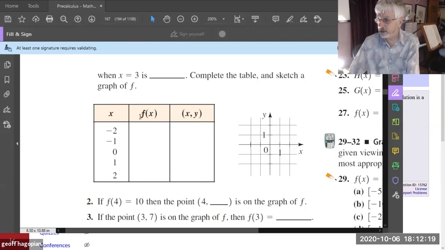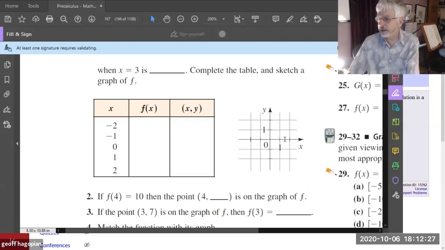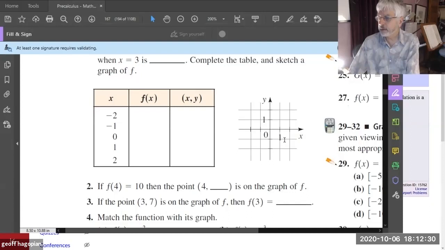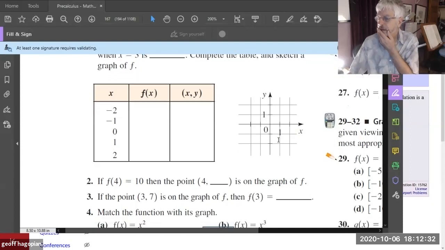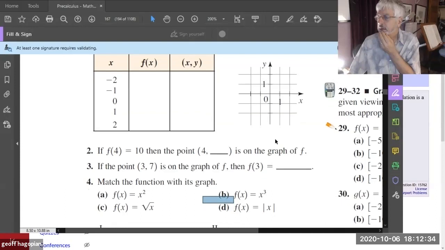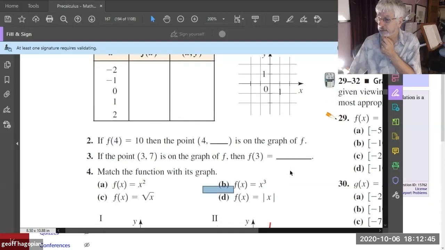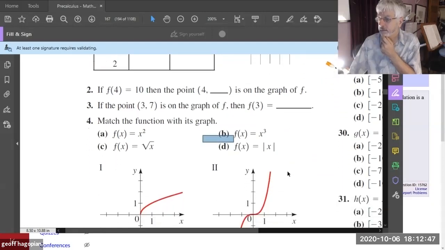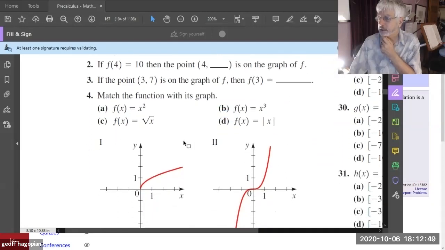Y is just f of x. So in this column you got x and in this column you got y. If you wanted to, you could make another column for the points that those input-output pairs represent in the coordinate plane. So if f of 4 equals 10, for instance, then the point (4, 10) is on the graph of f. If the point (3, 7) is on the graph of f, then f of 3 must be 7. I hope that makes good sense for you.